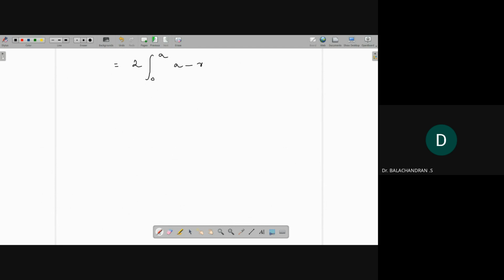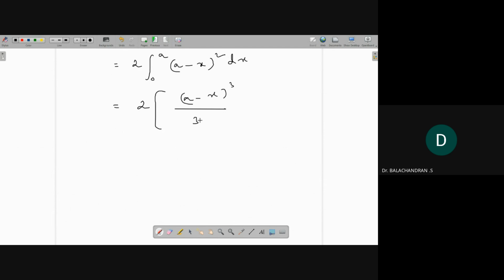Mod x is equal to x in the interval 0 to a, but whole square into dx. Now I'm going to integrate. You can apply the (a minus b) whole square formula, a square plus b square minus 2ab, and then integrate. But now I'm going to do it directly: (a minus x) whole cube, 2 plus 1, 3 by 3.